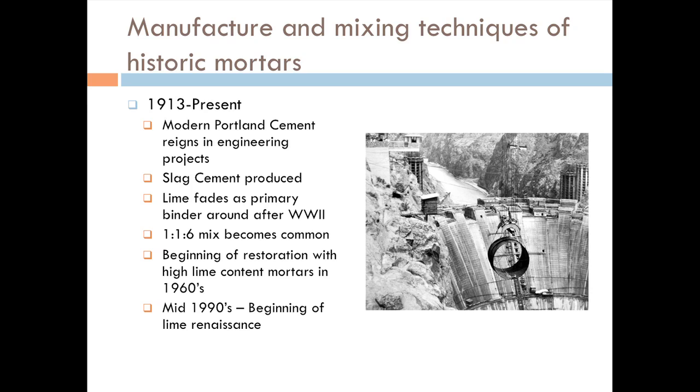Good or bad being either what is produced today being bad, burned at these higher temperatures that doesn't work on its own, or if you're using a high calcium lime that's very pure and more reactive and can be burned at a lower temperature.